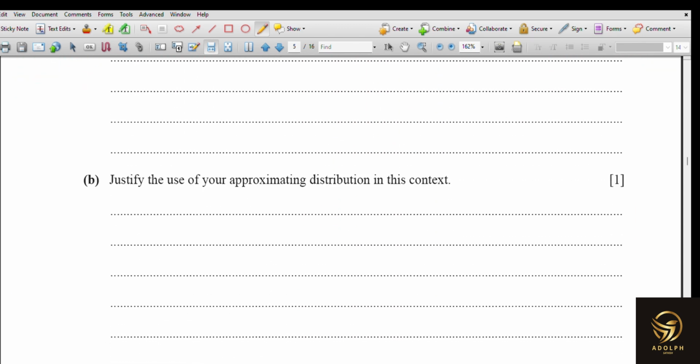Moving on to the next one, justify the use of your approximating distribution. From the binomial to the Poisson, we have to check that n is large. N is actually 6000 here, but if it is more than 50, that is enough. The second thing is np, which here we are getting as 0.6, but if it is less than 5, that is enough.